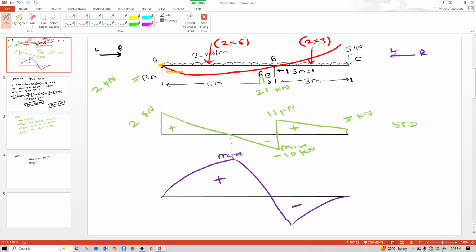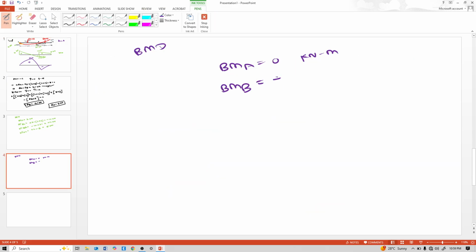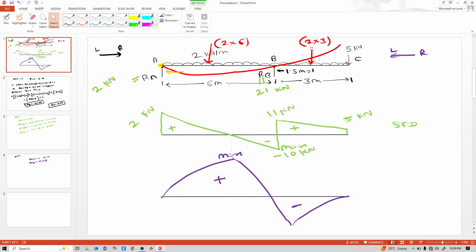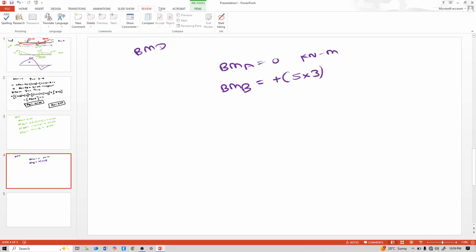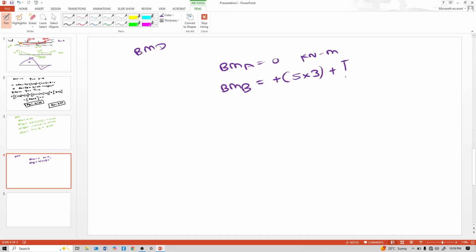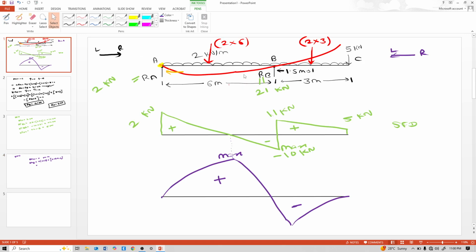So this 5 kilonewton is clockwise to that B, so positive 5 into 3. And this UDL is also clockwise to that point B, so positive 2 into 3 into 1.5. Distance is 1.5. So this is 5 into 3 plus 2 into 3 into 1.5. It is 24 kilonewton meter.